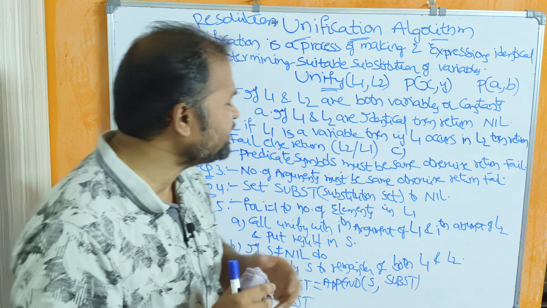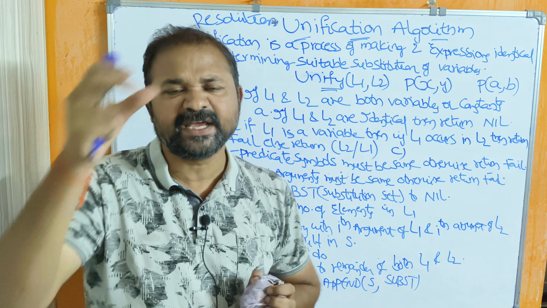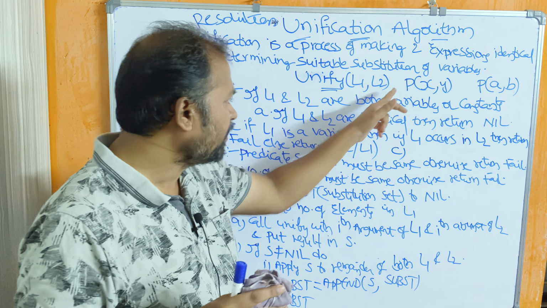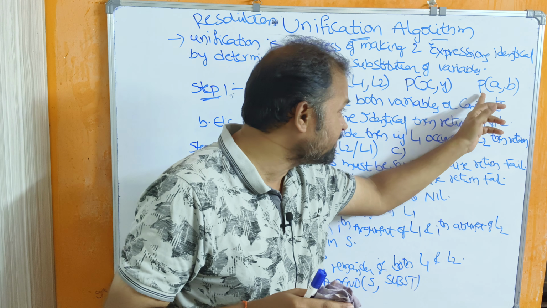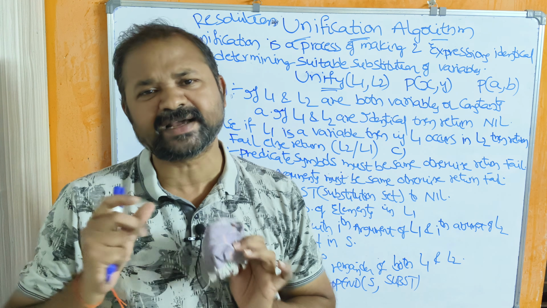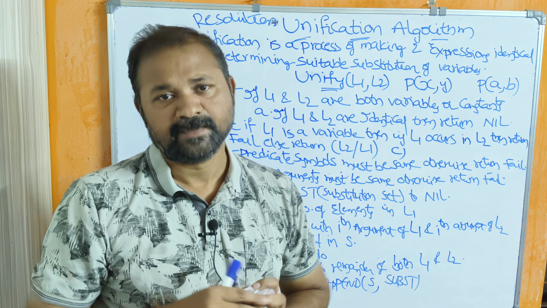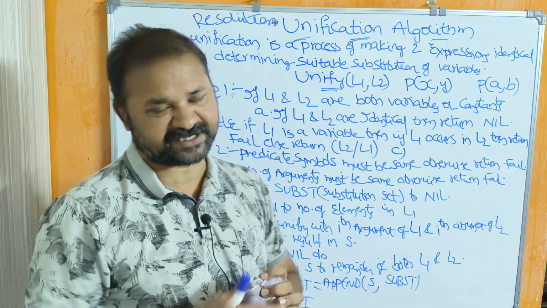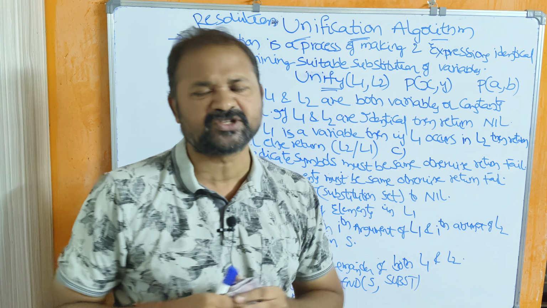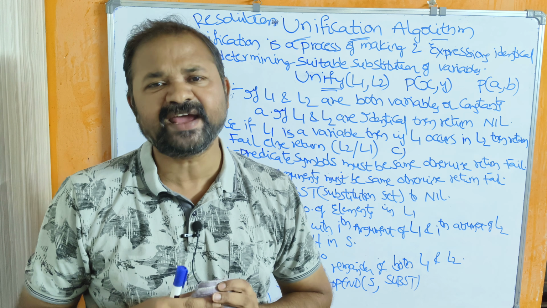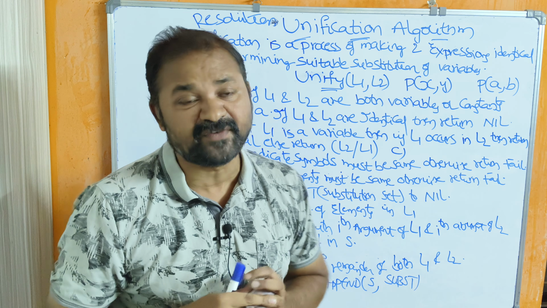The first condition is that the predicate symbol must be the same in both expressions. The predicate symbol in the first expression is P, and in the second expression also P. Both are the same. Next, the number of arguments must be the same. The first expression has two arguments, and the second expression also has two arguments. So we can apply unification by performing substitution of the variables.